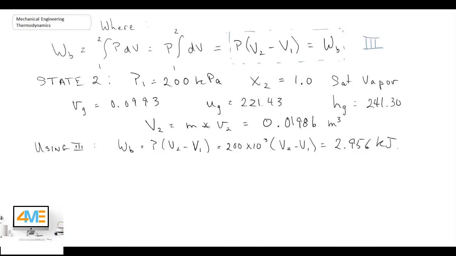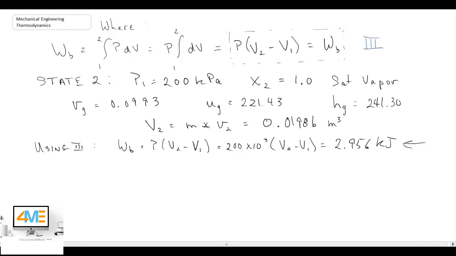Now, you have to be careful here because when you do this calculation, you will get a value in joules, but our equation is expressed in kilojoules with all of our properties. So be careful when you calculate the boundary work. Your number will come out in joules, but you need to convert it into kilojoules, so you divide by 1,000.